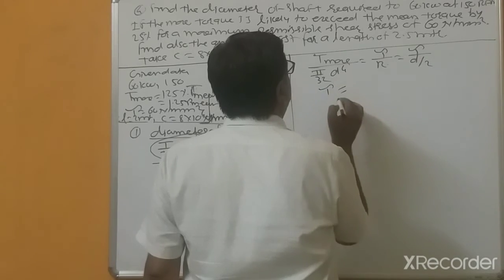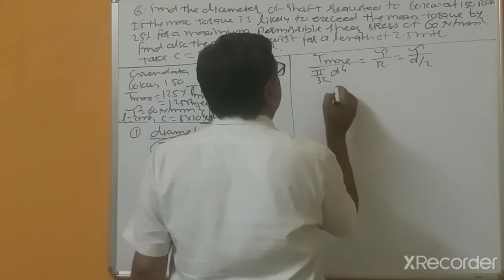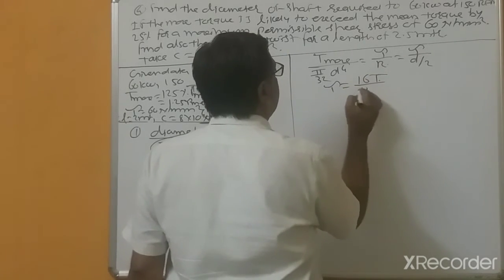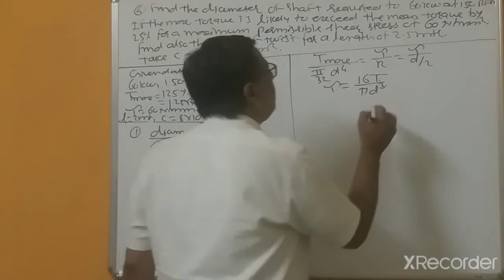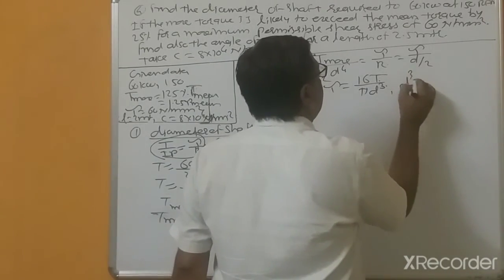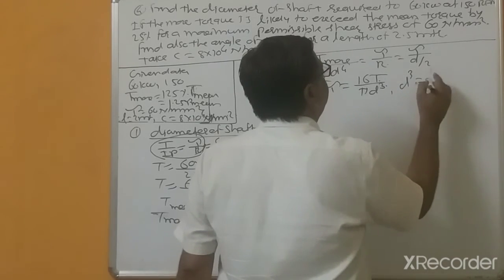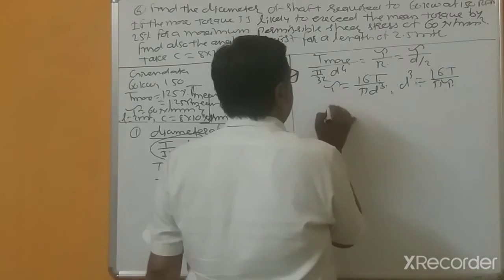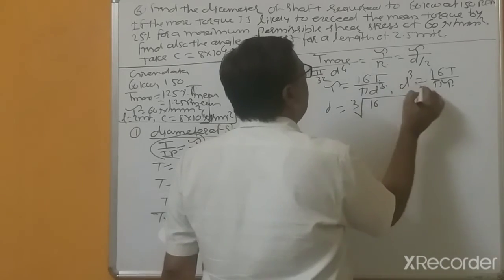So tau equal to 16T divided by pi d cube, and cross multiplication means d cube equal to 16T divided by pi tau, or d equal to cube root. So this is a popular formula.